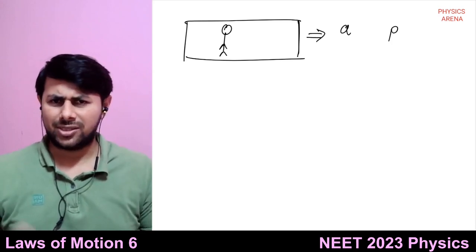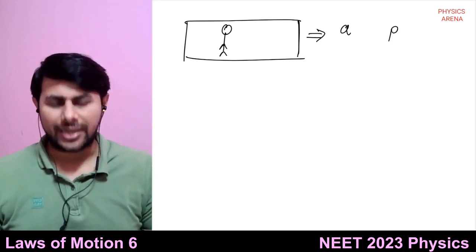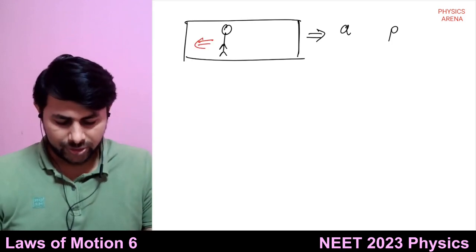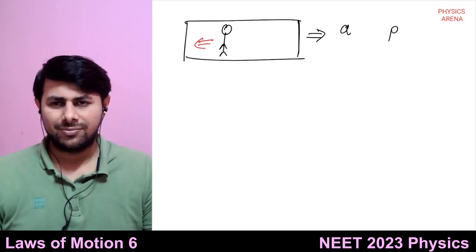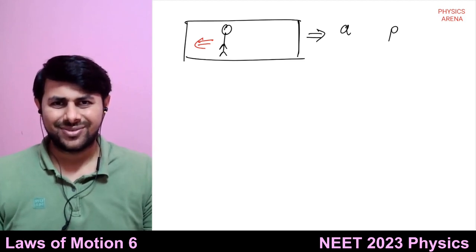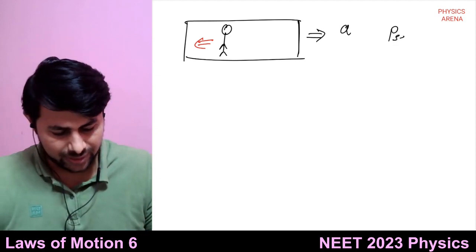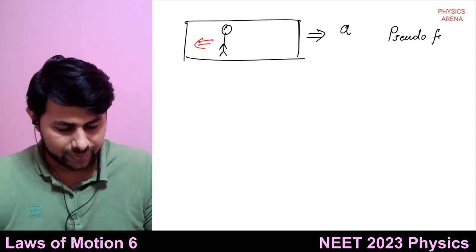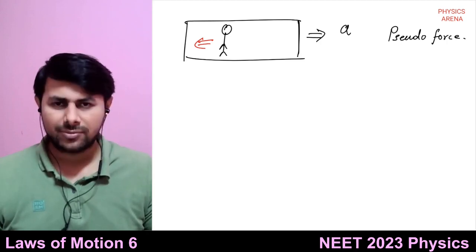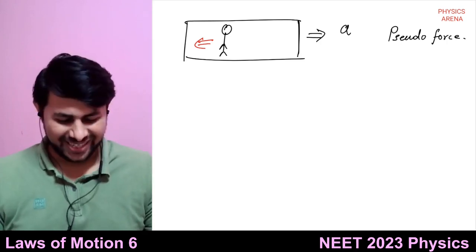So what do you say? You will feel like somebody is pulling you. So you say there is a pseudo force acting on you. If you apply the concept of pseudo force, some ghost is pulling you, then you can explain this motion.